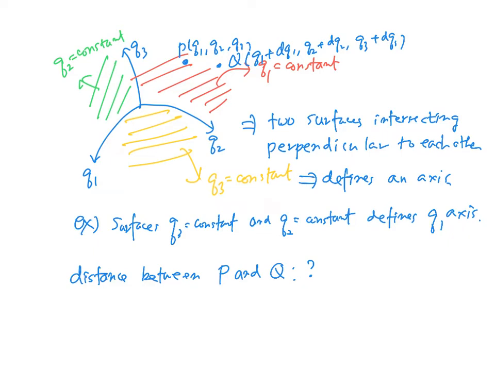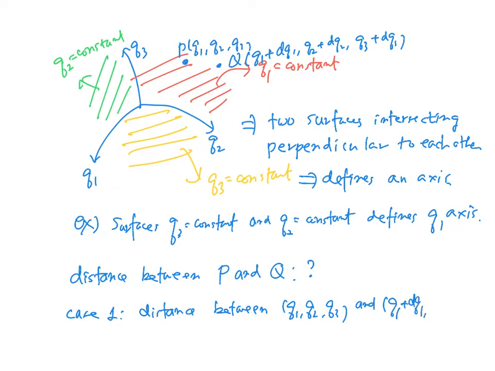So let's simplify by considering the one-dimensional case. Case 1: the distance between Q1, Q2, Q3, and Q1 plus DQ1, Q2, Q3.